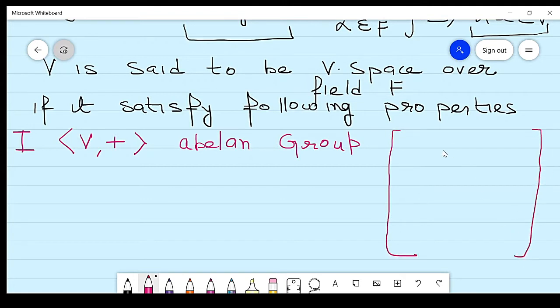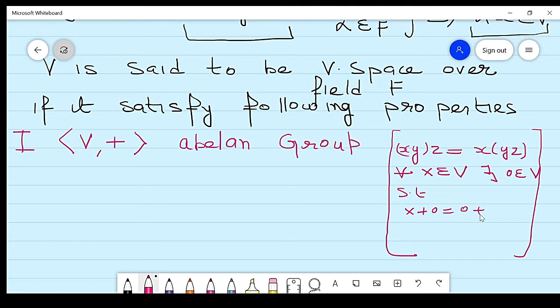The first property is associativity: (x plus y) plus z is equal to x plus (y plus z). The second is existence of identity, here the additive identity: for every x belonging to V, there exists 0 belonging to V such that x plus 0, which is 0 plus x, is equal to x.